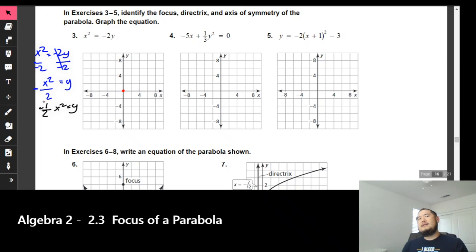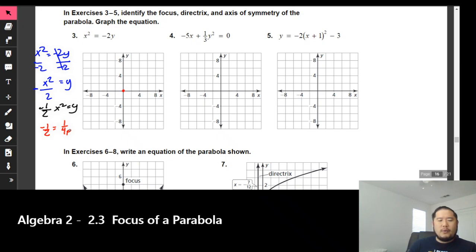And think about this. If I need to find p, there's only one equation that I have: 1 over 4p. So I'm going to take this -1/2 and set that equal to 1 over 4p.